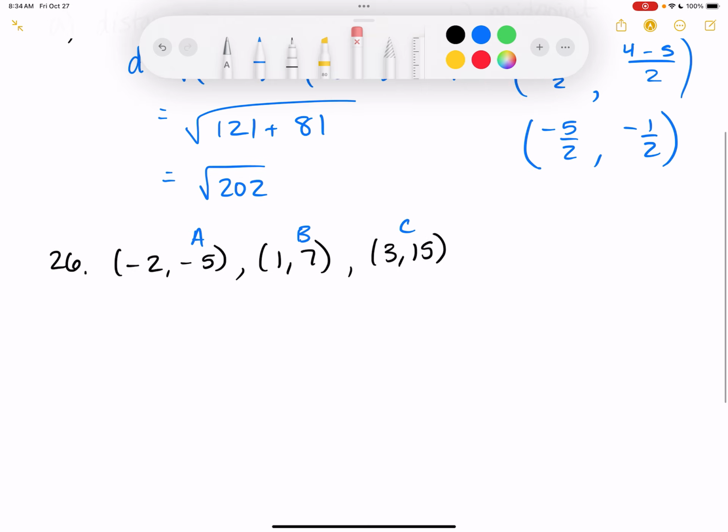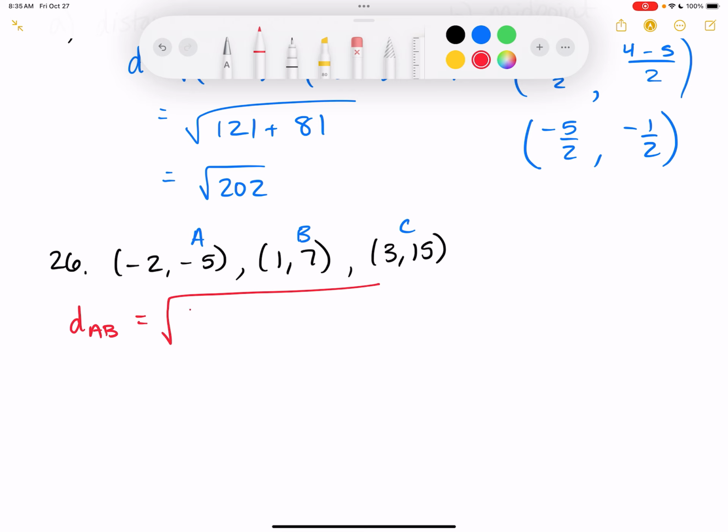When you do your distance formulas, I would say label them, like the distance from A to B, so that way you know what it is, and it also helps me to see it when I'm checking your work. So I'm going to have point B be the second one.